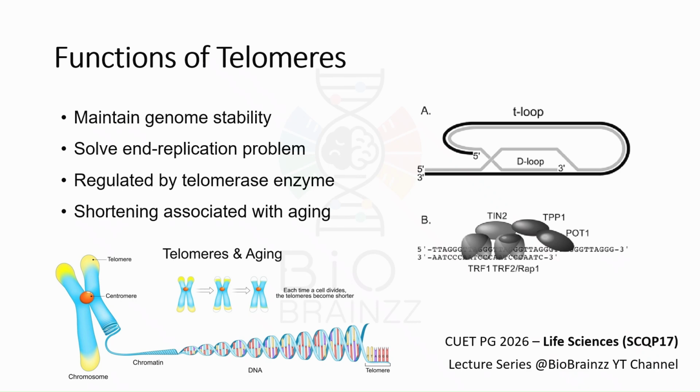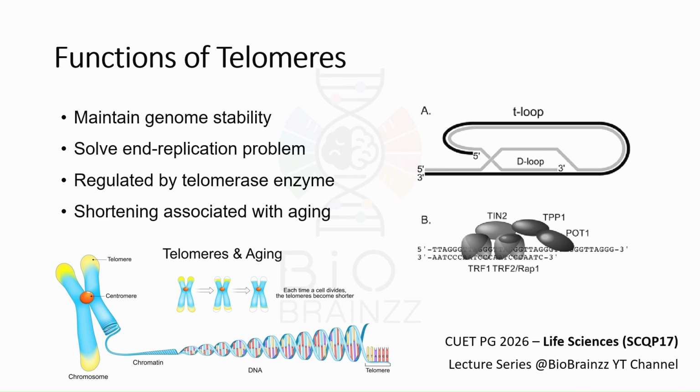The length of telomeres is regulated by a special enzyme called telomerase, which adds new repeat sequences to chromosome ends, especially in germ cells, stem cells, and many cancer cells. Another important point is that telomeres gradually shorten with each cell division, and this shortening is strongly associated with cellular aging.